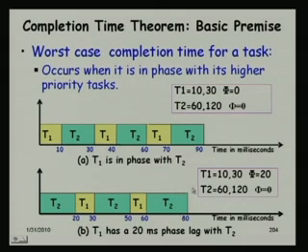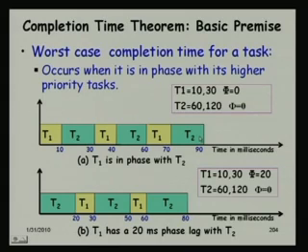So, just because they are out of phase, T2 could complete earlier. We can also check what if T1 has 0 phasing and T2 has phasing of 20 or 30. In each case, we will see that when they are in phase, the response time is the longest.